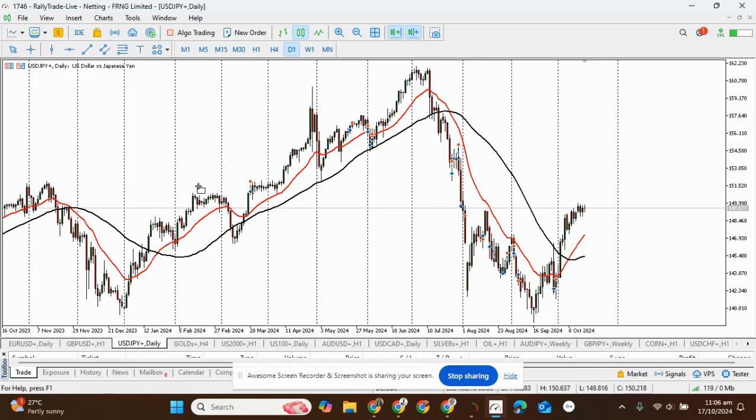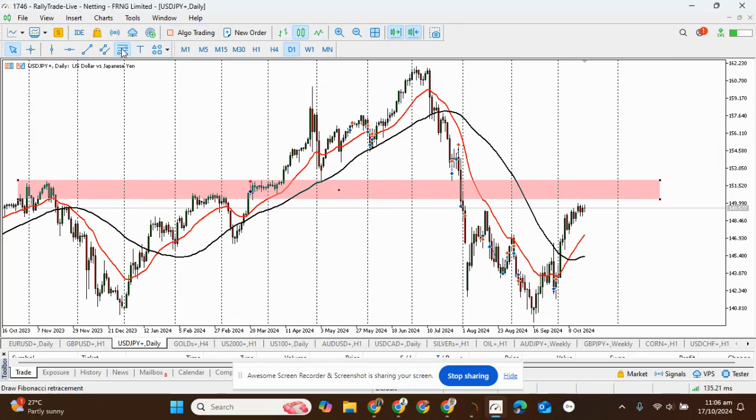Okay, so what if I do something like this? You see, so support and resistance, right? And if I can drag this all the way back to those points, you see. All right, so this is my zone.